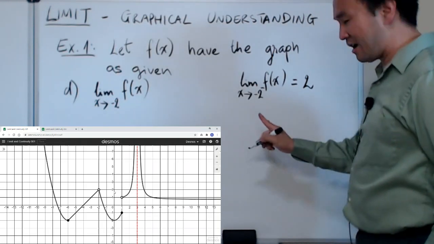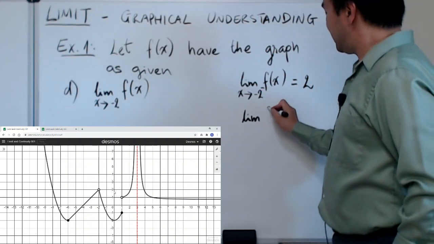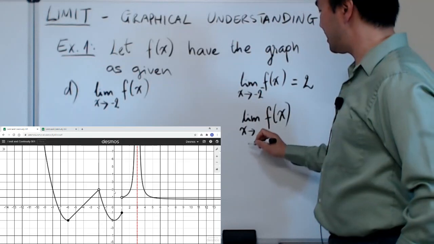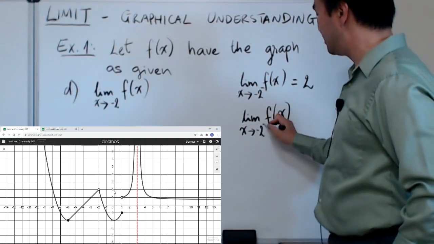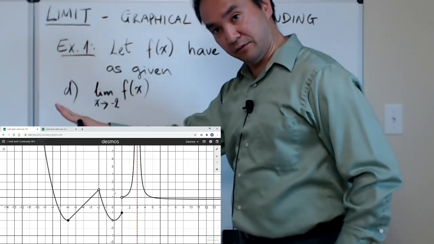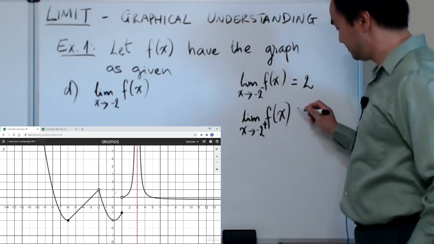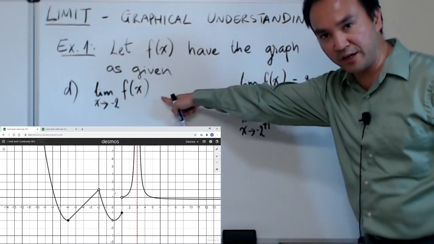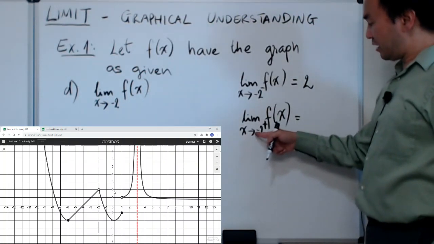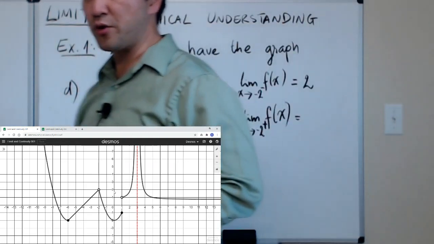The only other responsibility we need to take on here is to consider the limit of f of x when x gets close to -2 from the right-hand side. The problem did not ask us for that, but it is our responsibility to understand that we have to have two separate one-sided limits completed before we can make our final conclusion. So as x is getting closer to -2 from the right-hand side on the x-axis, let's trace along and find out what's happening.